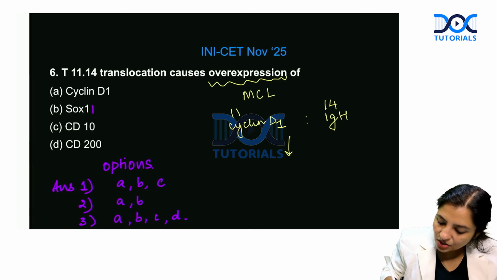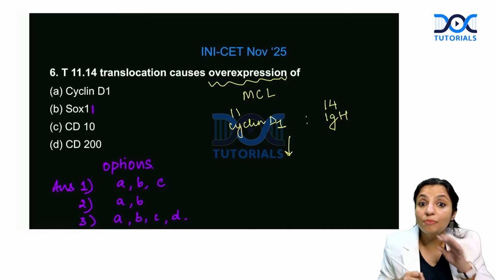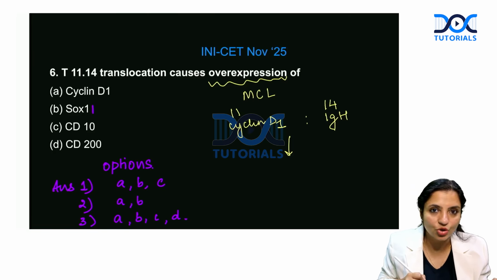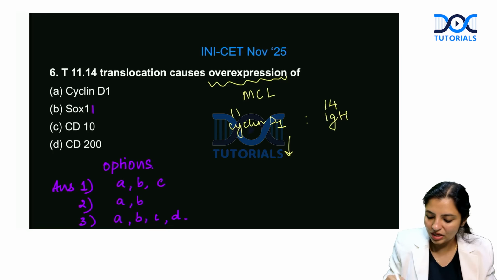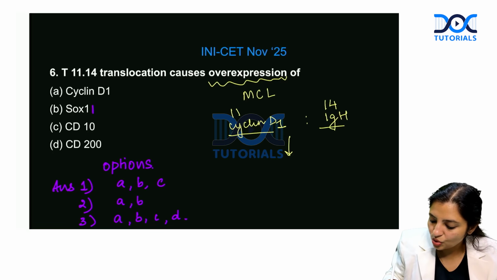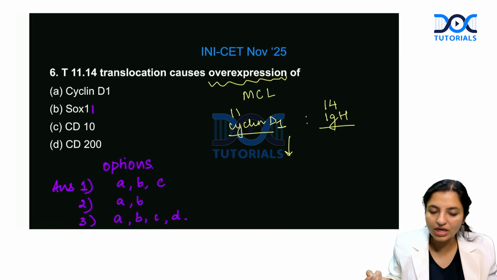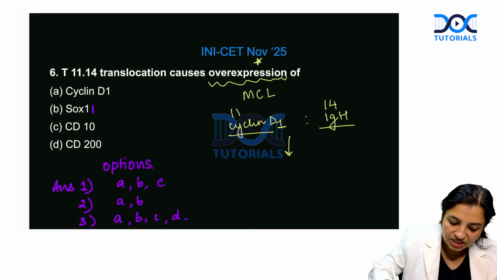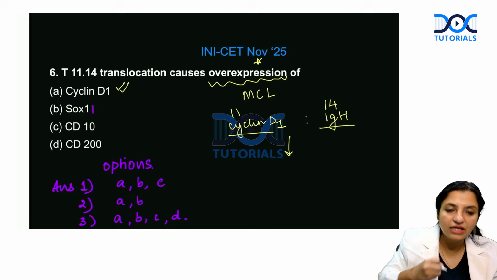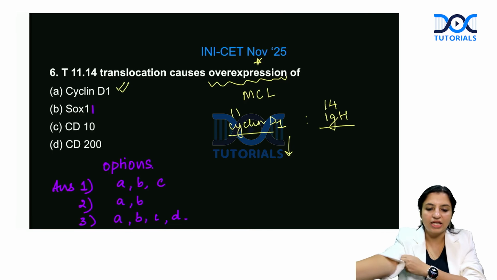Whenever somebody goes close to the bad boy of hematology, that is immunoglobulin heavy chain, that gene gets activated. So whenever cyclin D gets close to IgH, cyclin D gets overactivated. So it causes overexpression of cyclin D.